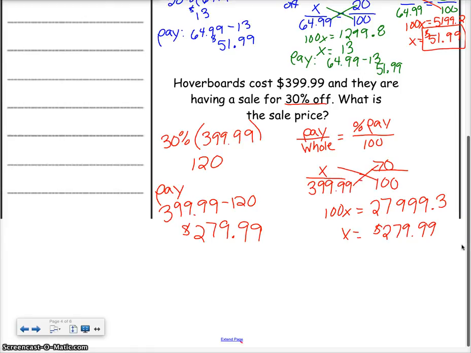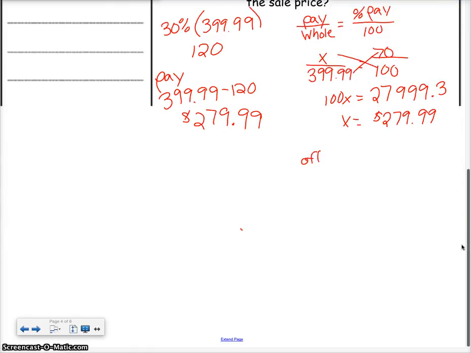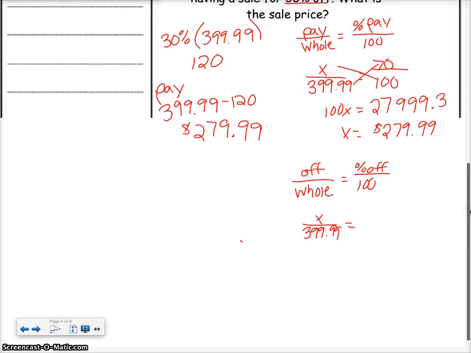If you like to use the 30% off, then it's really going to be what you get off is to your whole, as your percent off is to 100. So that would be just like strategy 1, where you would have to subtract in the end. And we got 30% off. So you get 100x equals 30 times 399.99 equals 11,999.7.